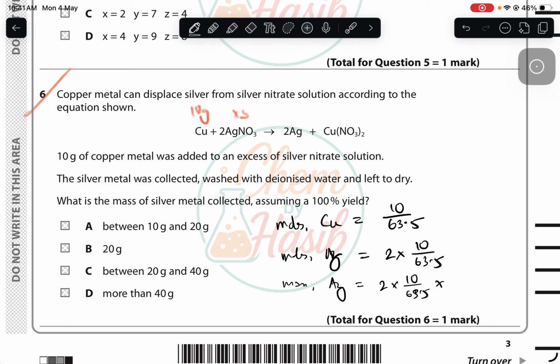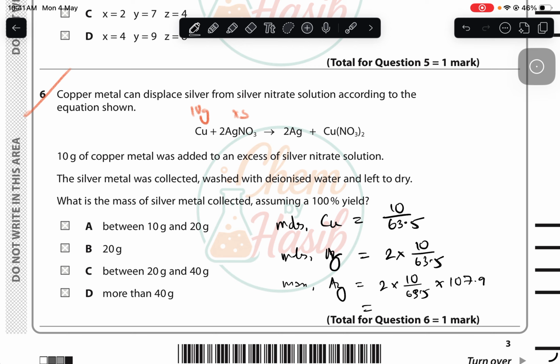Let me find the silver atomic mass. Silver relative atomic mass is 107.9.